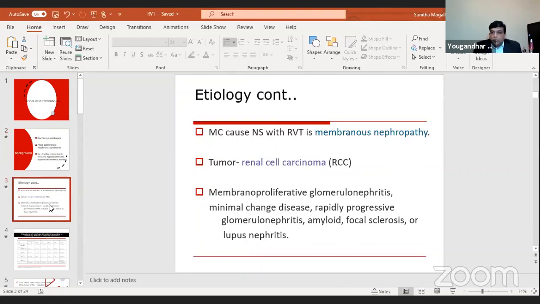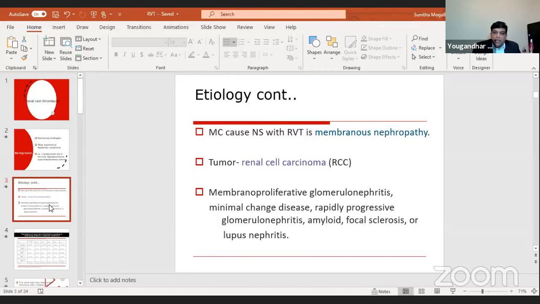Now, if you still remember your internal medicine, the most common cause of nephrotic syndrome is membranous nephropathy. The other glomerulonephritides do present with nephrotic syndrome and thereby cause renal vein thrombosis.